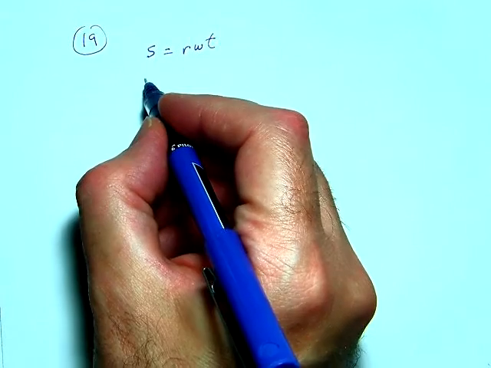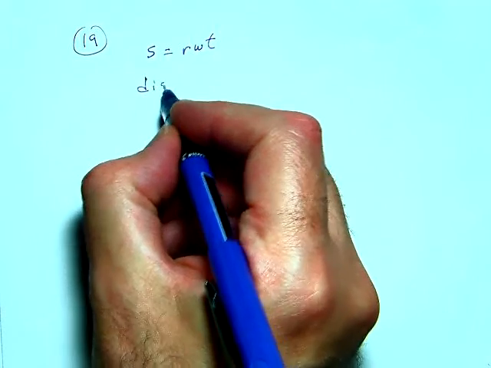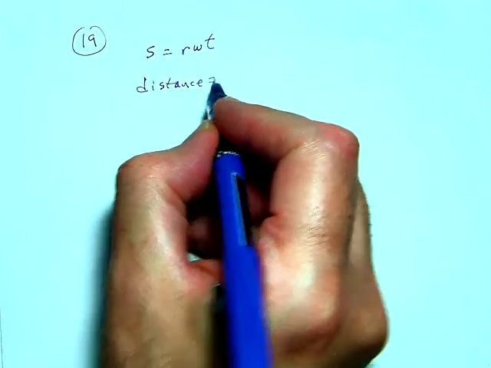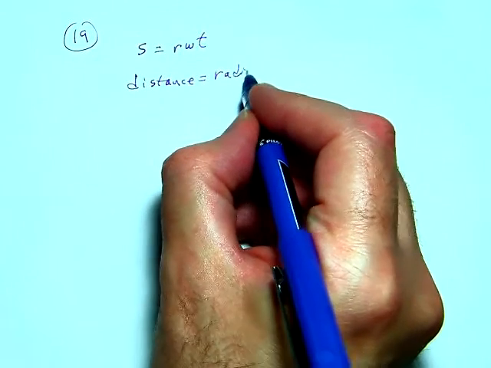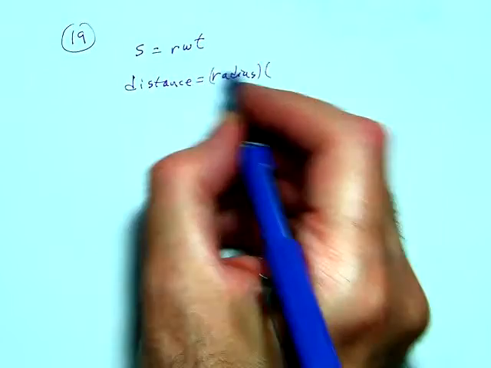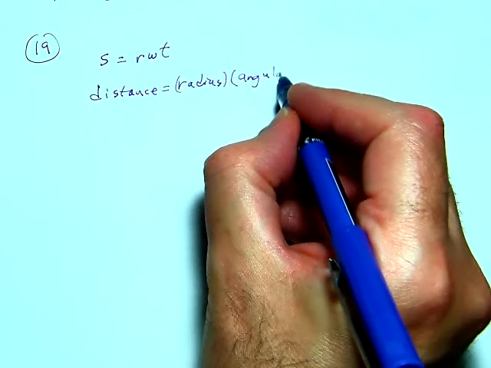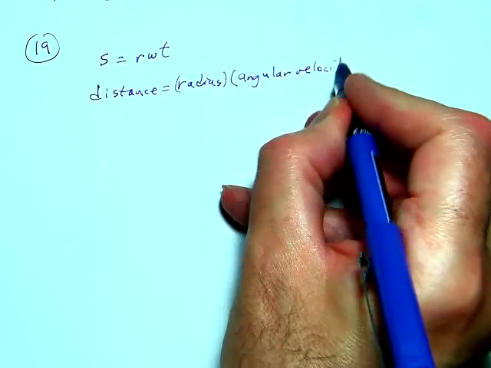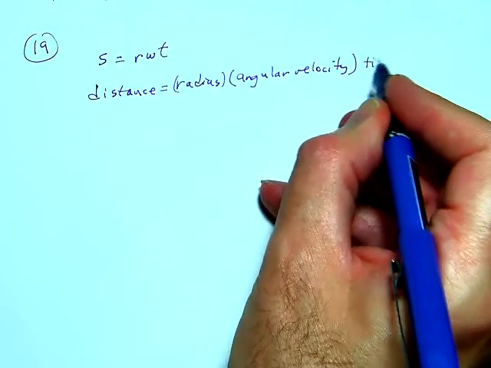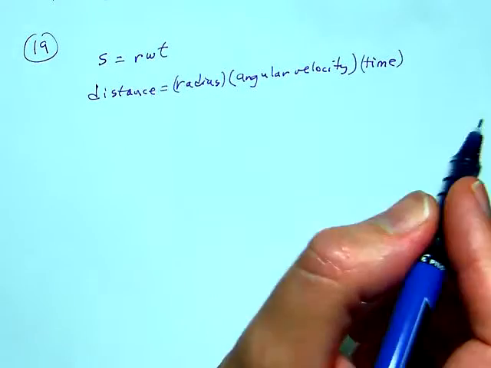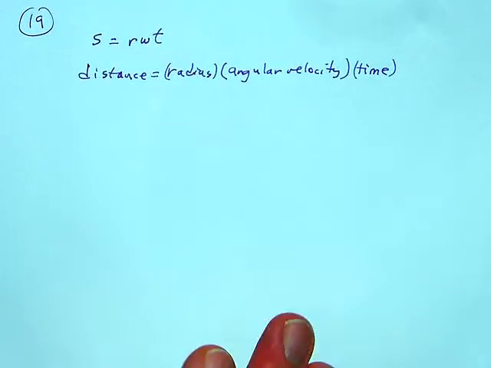And so this distance is equal to the radius, that's our R, times our old friend omega, which is angular velocity, times time. So then how does this work? How does this formula give us the right answer?